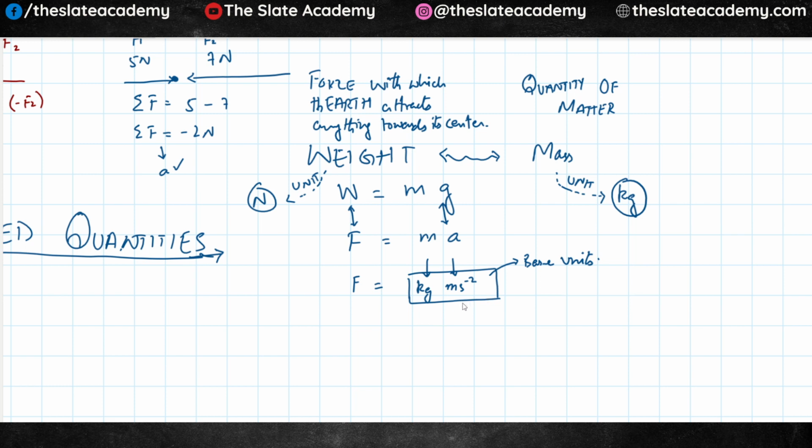So this is the unit of force in terms of base units, but the unit that we use more often is a Newton. Okay, so 1 Newton is 1 kg of mass experiencing an acceleration of 1 meter per second squared.